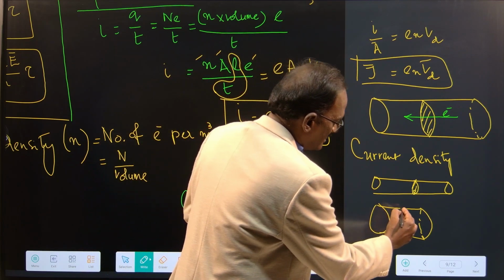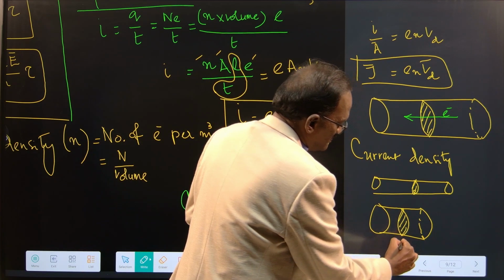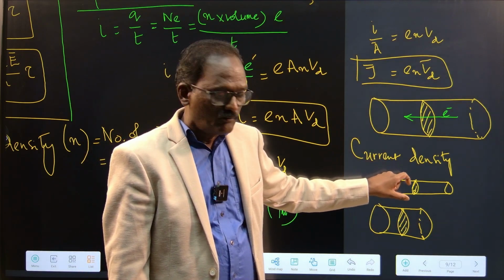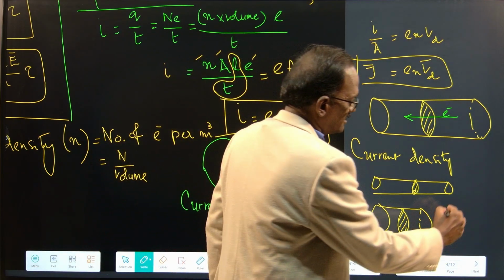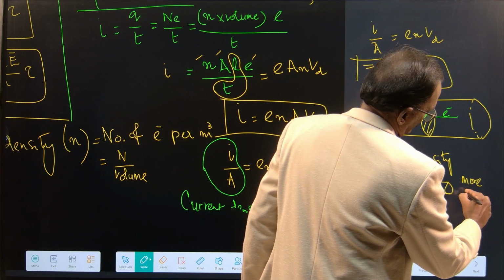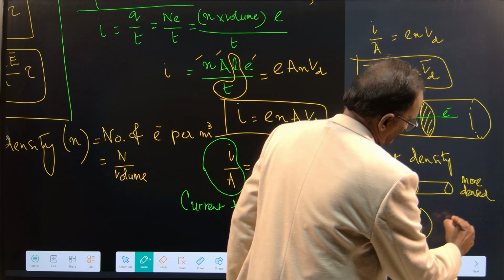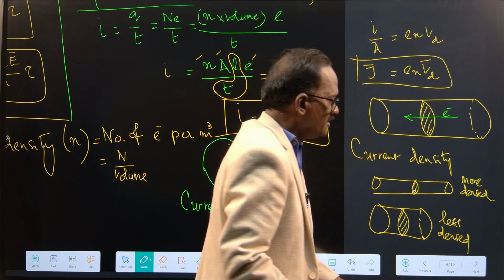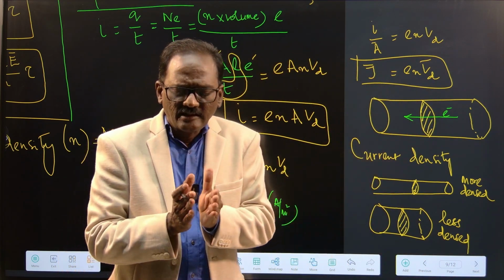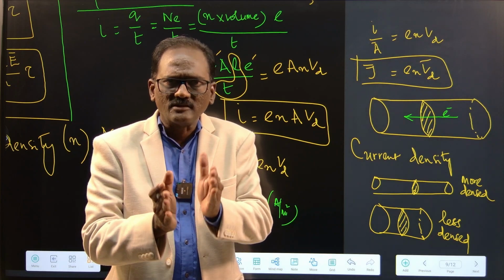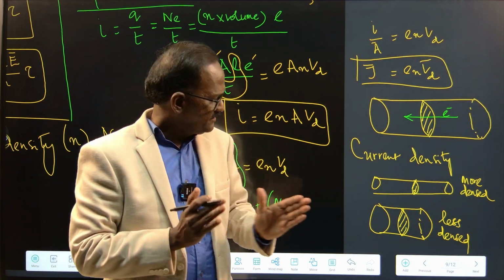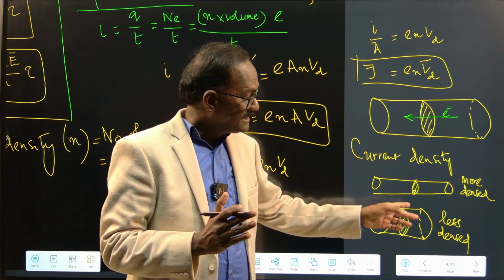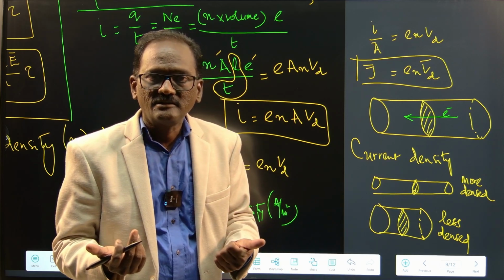So here the flow is more dense, within the given area all the electrons have to pass end to end. But here they can move very relaxedly, in a relaxed manner. Less density, right?